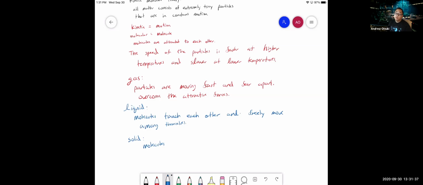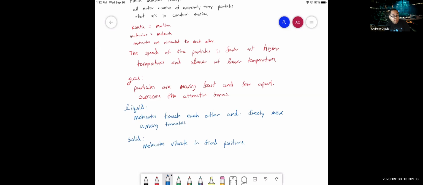And once those vibrations reach a certain temperature, they have enough energy to break free, and that's when a physical state change occurs. That's why when you see solid ice, the molecules are frozen and they don't move.